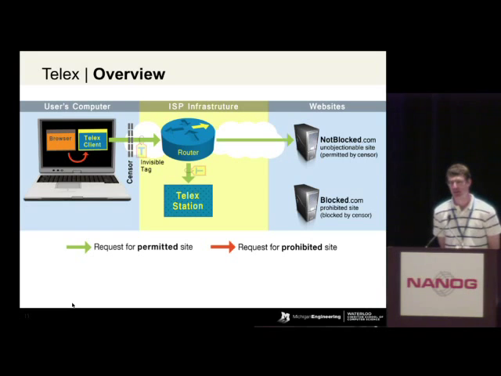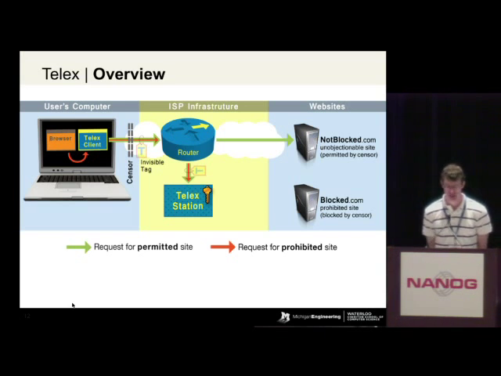But along the connection path between the user and notblocked.com, there's a number of routers, and along one of the routers outside of the censor's country, we place a Telex station. And this is our proxy that we're placing at some ISP's router. And this position in the network allows us to see the packets going between the client and notblocked.com, and most importantly, see the invisible tag that is in this connection.